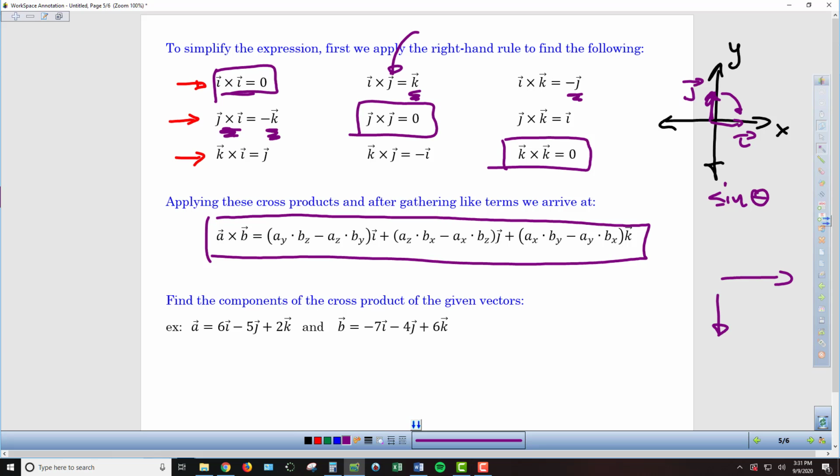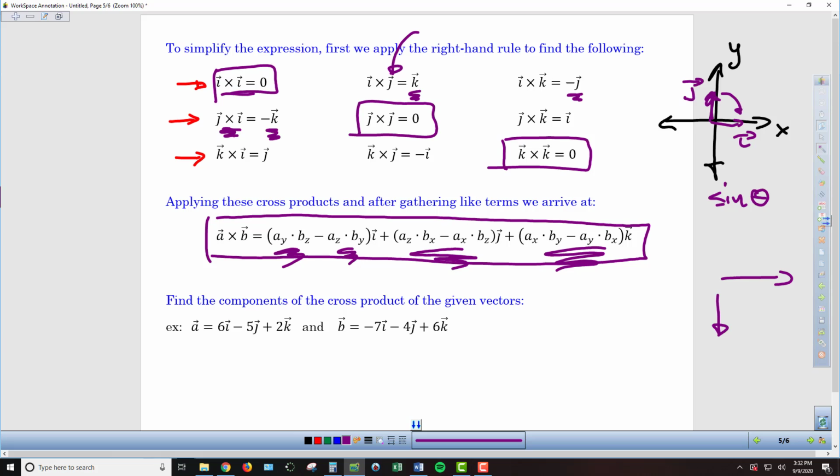So I've got ay times bz, so the y component of a times the z component of b, minus the z component of a times the y component of b. Take that result, and that's going to give me the i component of my cross product vector. And then we can do the same sort of thing here to find the j component, and the same sort of thing here to find the k component.